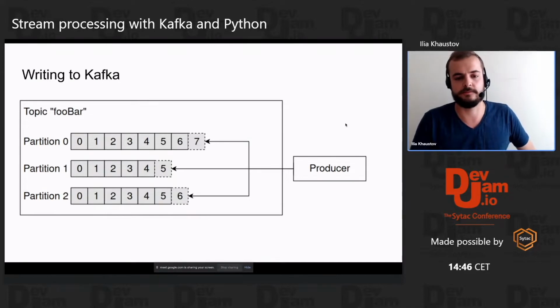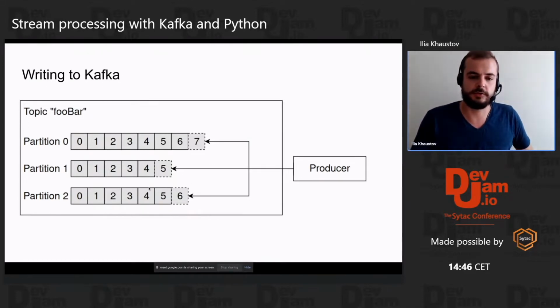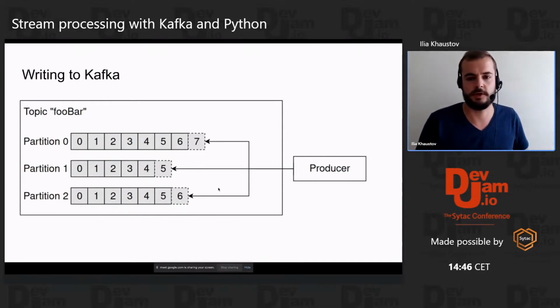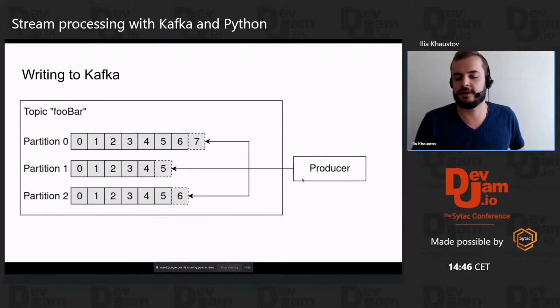And what is shown here is that each message has to be sent to one of the partitions for the topic. But the producer doesn't have to think about which partition it will go into, because in Kafka there's a mechanism which uses keys from messages to identify which partition this message will be assigned to.